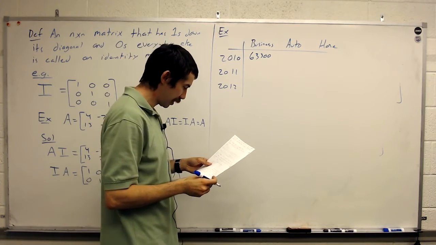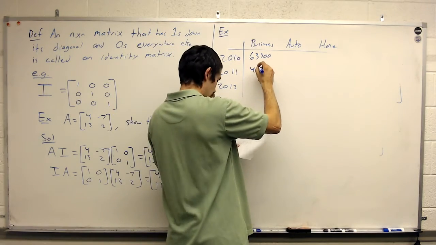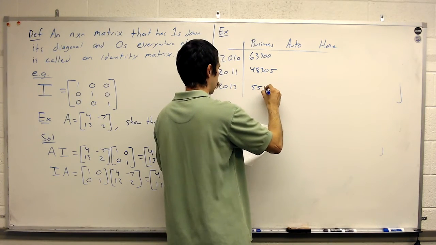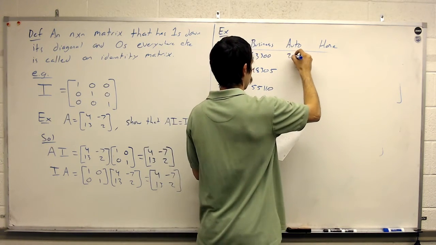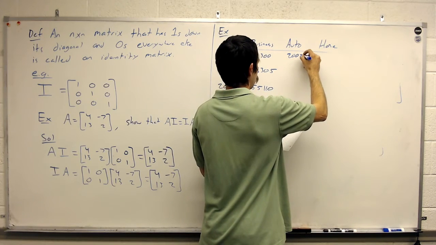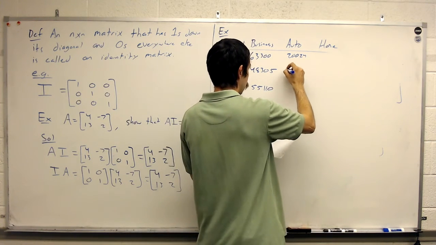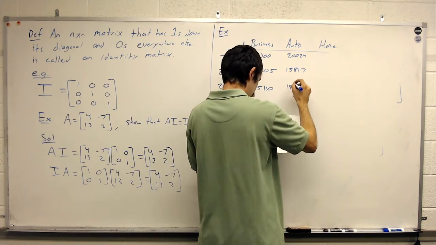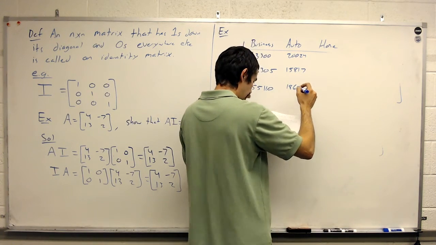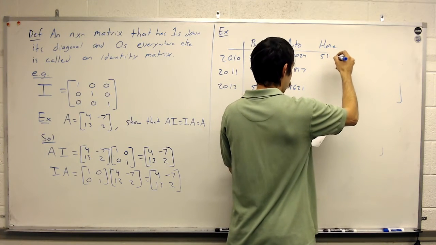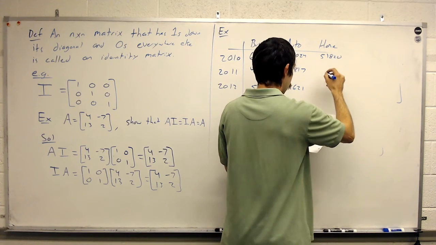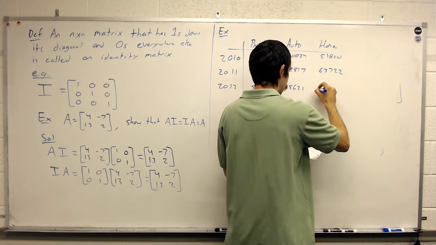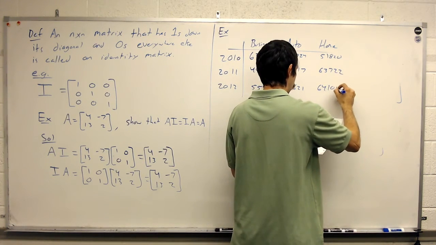$63,300 in 2010 for business, $48,305 and $55,110, $20,024, $15,817, and $18,621. And then finally for home, $51,820, $63,722, and $64,105.